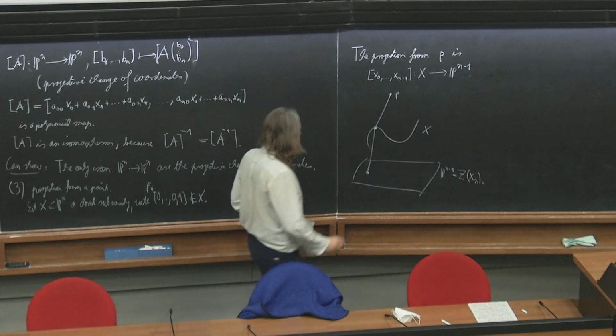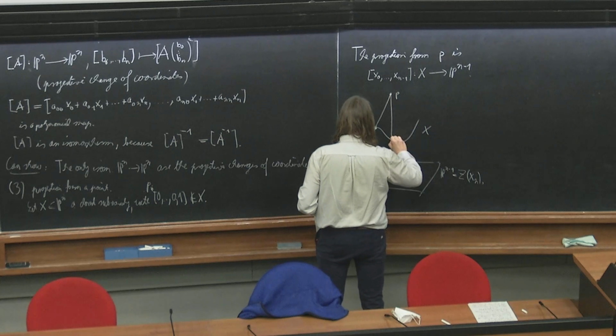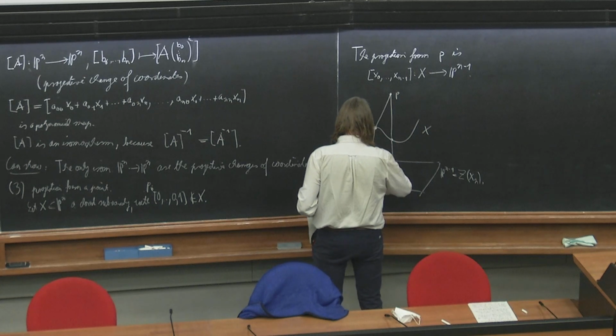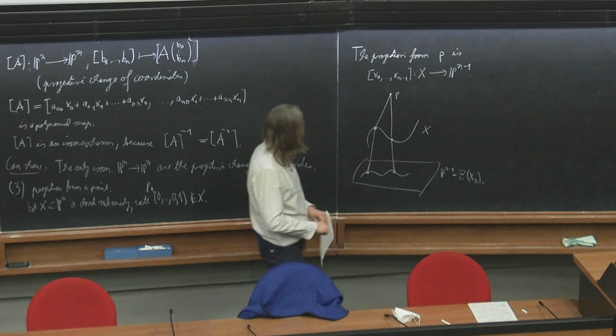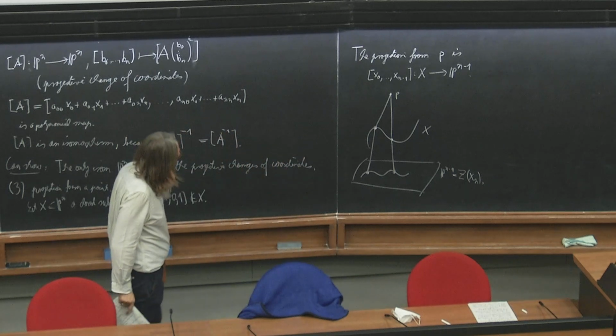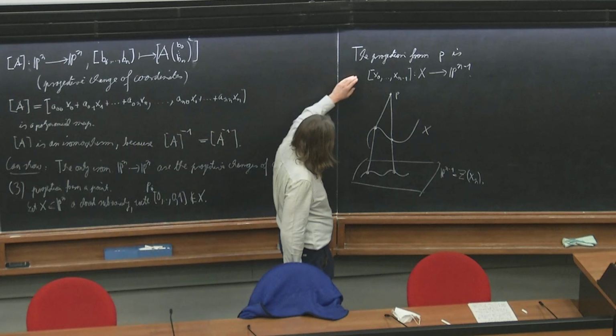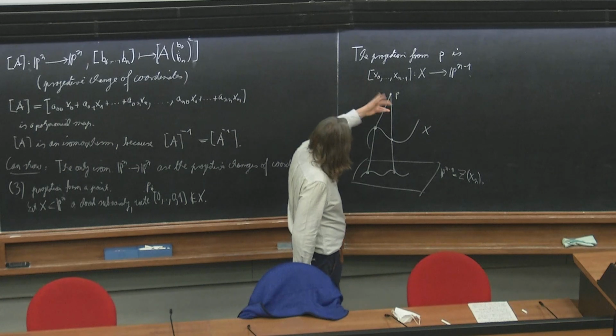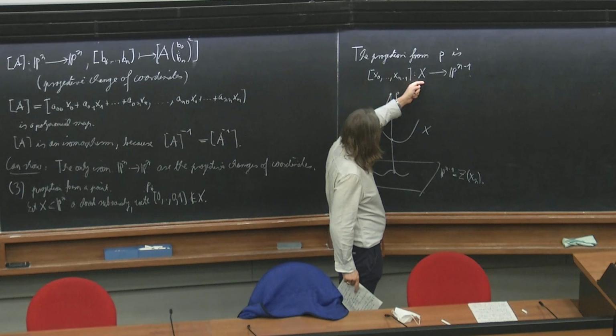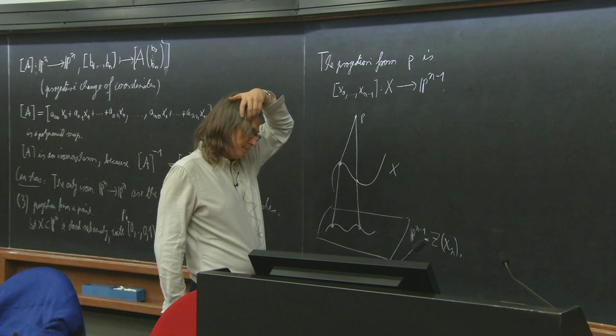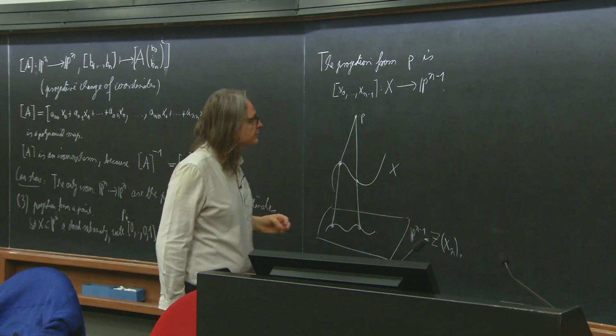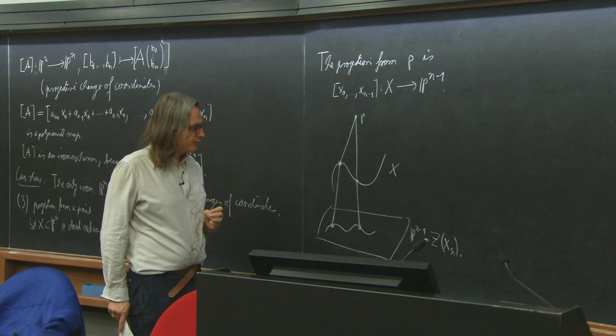Okay, and so you get a picture, and then there will be some image like this. And these kinds of projections are used often, because if you have some variety in a high dimensional projective space, maybe it's useful to have it in a smaller space where you can control it better.